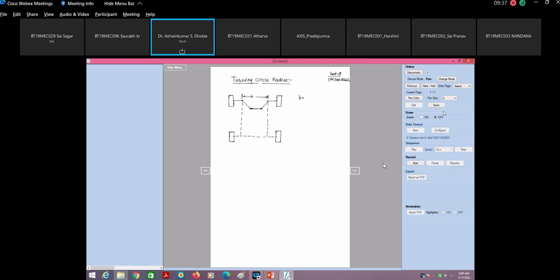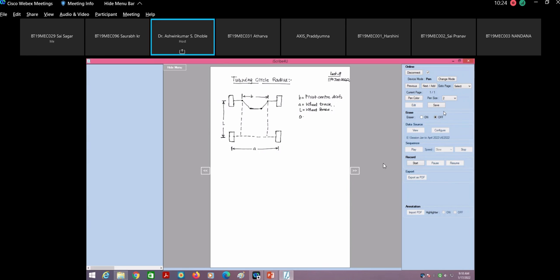Then, from the center of the tire, A is denoted as the wheel track, and L is shown as the wheelbase.